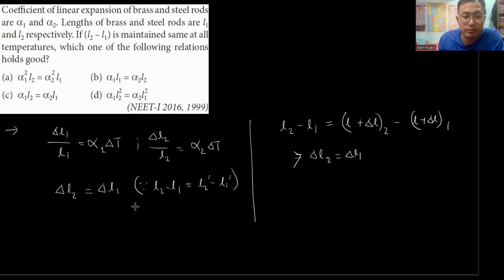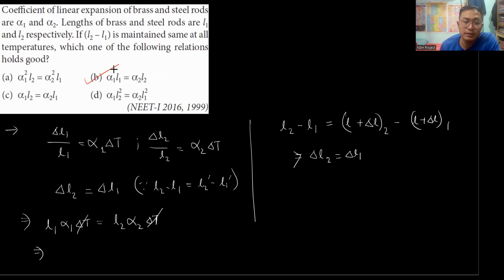Whatever the delta is, delta L1 equals L1 alpha 1 delta t, which should be equal to L2 alpha 2 delta t. The delta t cancels, so L1 alpha 1 is equal to L2 alpha 2. Option number B. So you may write alpha 1 L1 is equal to alpha 2 L2.